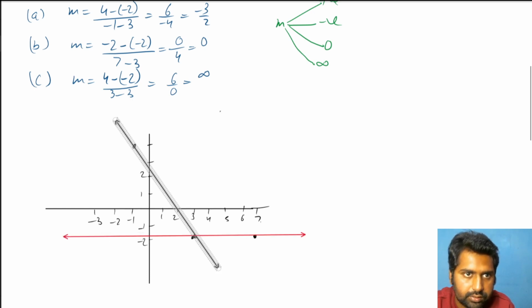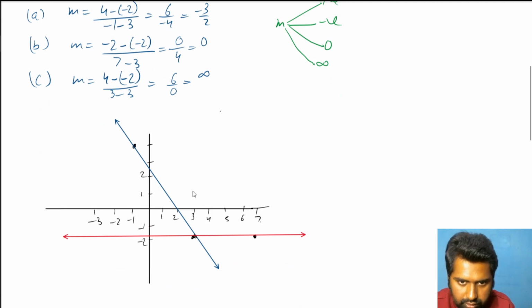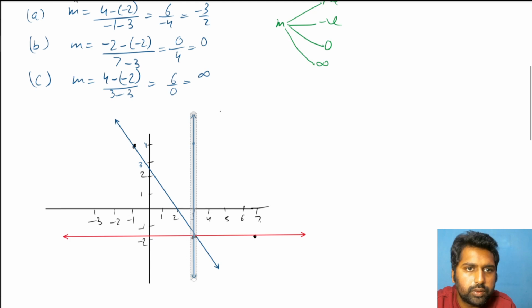Third one is 3, -2 and 3, 4. 3, -2 I have drawn, and 3, 4 will be here. So if I join it, it will be like this. So A part, B part, C part.